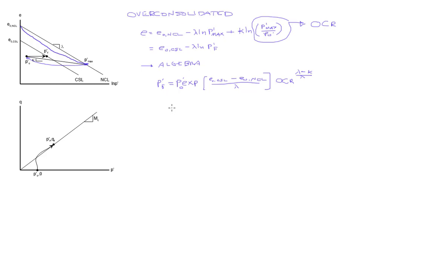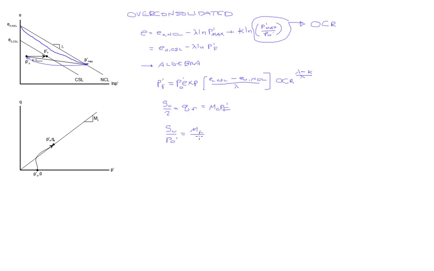Okay, anyway, now we can do the same thing that we did before for the normally consolidated soil by substituting in the q at failure for p' at failure as a function of Mc, and then 2 Su is equal to q at failure. So we can write out that whole equation. And then we can solve for the undrained shear strength over p0', which is the over-consolidated strength ratio now.